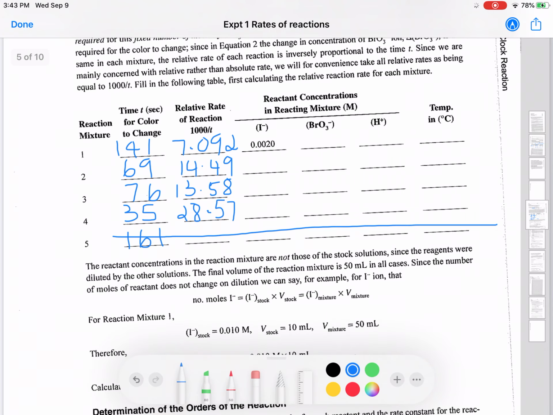So this is also going to be 0.0020, and this also would be 0.0020 because it's the same volume. It took 10 milliliters, but for the second one it was 20. So then we can expect it to be doubled, 0.0040. So likewise, using the dilution equation, you can find out the bromate and H plus ion concentrations too.